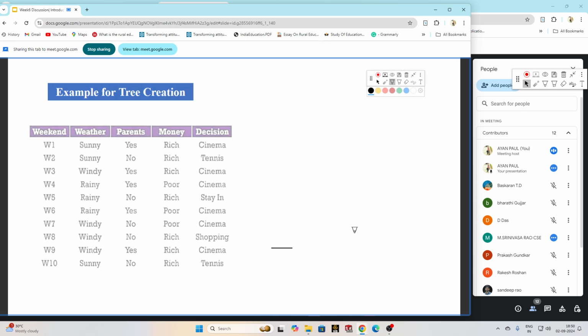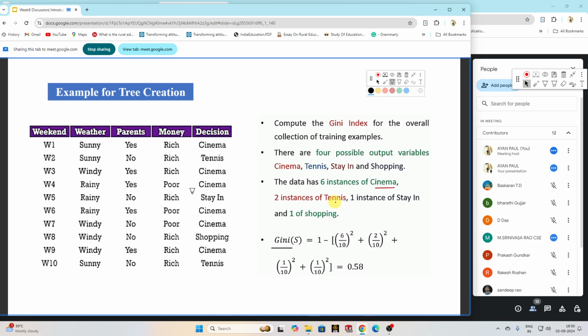As we are talking about the whole set, we have four classes: cinema, tennis, stay in, and shopping.